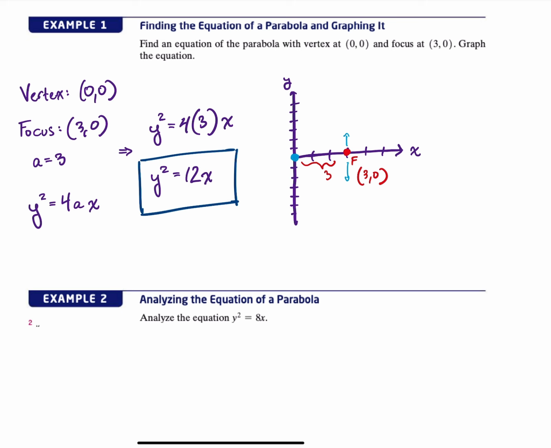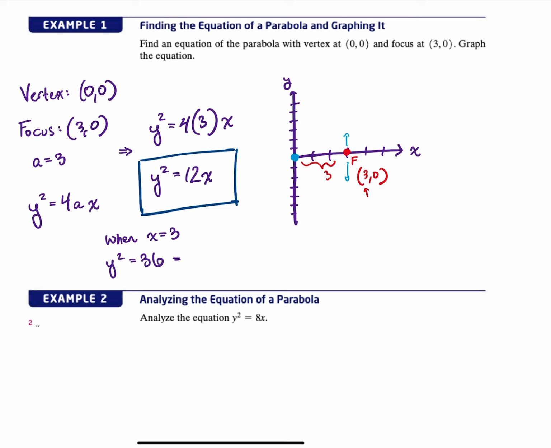Well, that means we have an x value of 3. So let's just plug in 3 for x, and then find out what our associated y values should be. So I can say when x equals 3, y squared would equal 12 times 3 is 36.